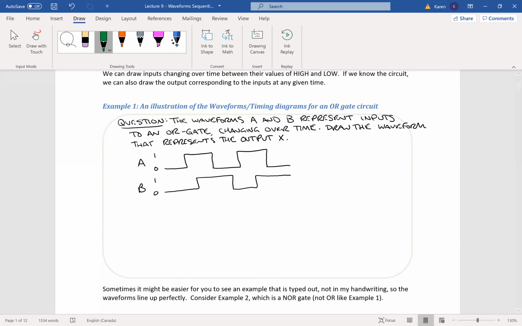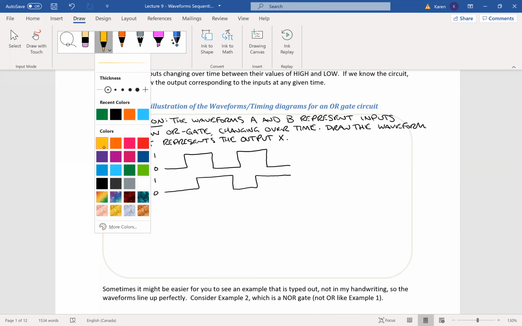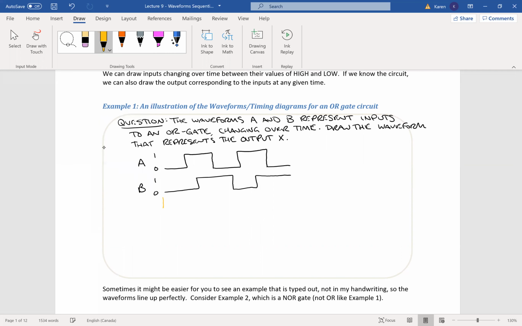So all we're doing in a timing diagram is we're saying, well, let's let this be an axis that is called time. And this curve that I've just shown, I have an input called A, and it started at 0.